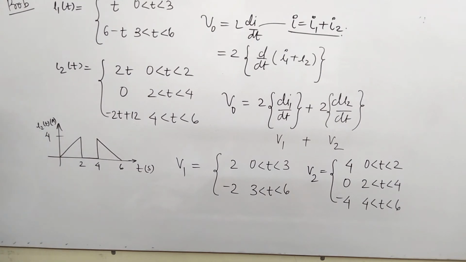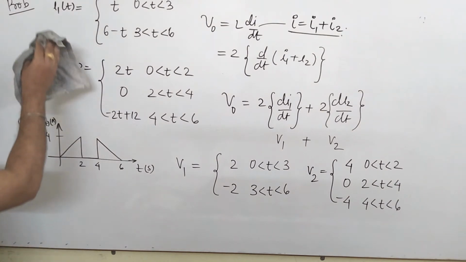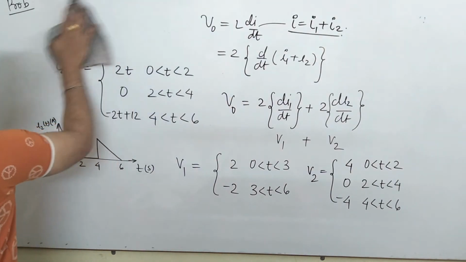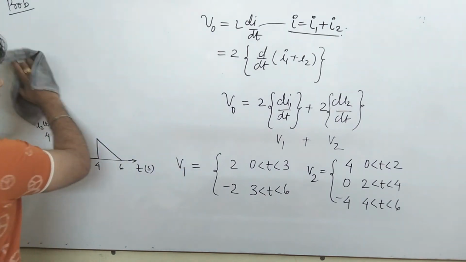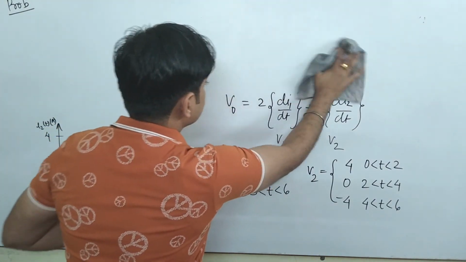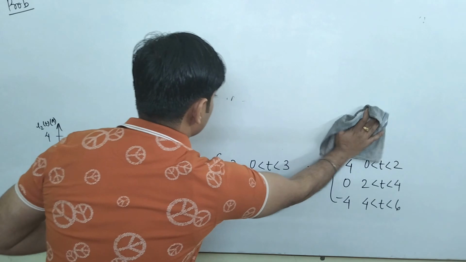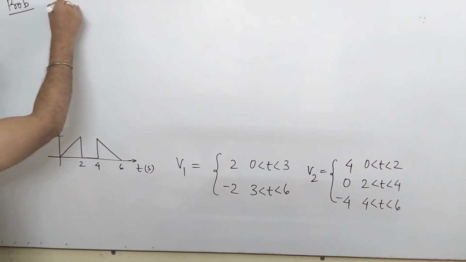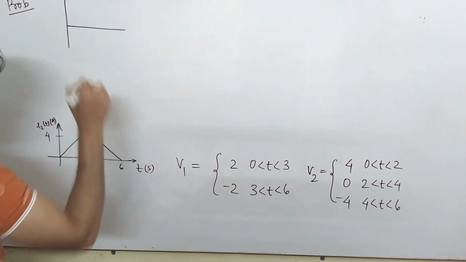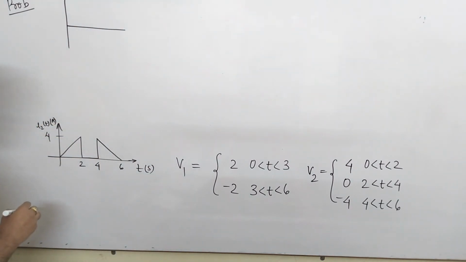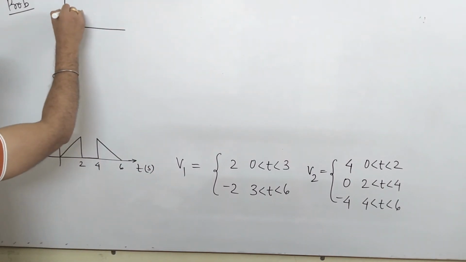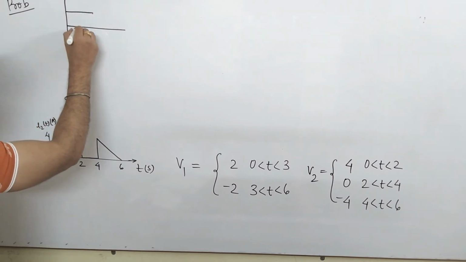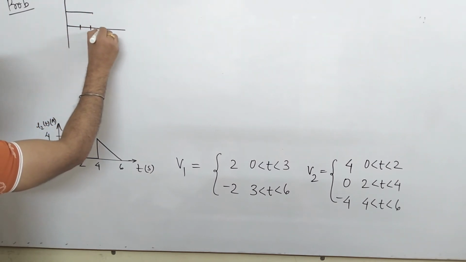Now since we have to sketch the diagram for V0, we will see how we will find it, and then we will finally find the value of V0. Okay. So from here, if you draw V1, please see, it is 2 from 0 to 3. Say this is 1, this is 2, this is 3.